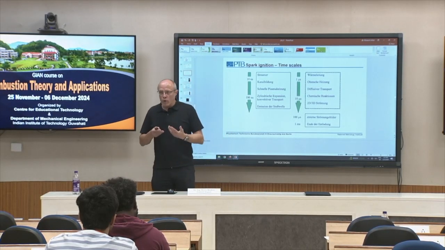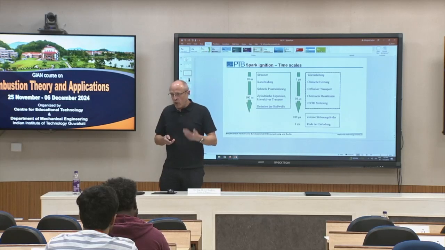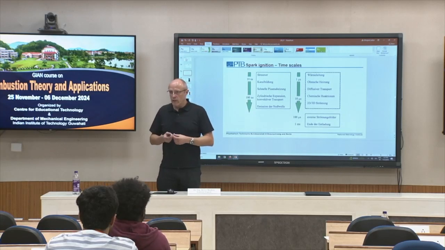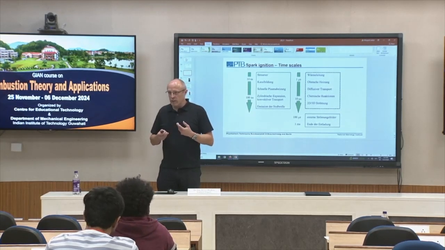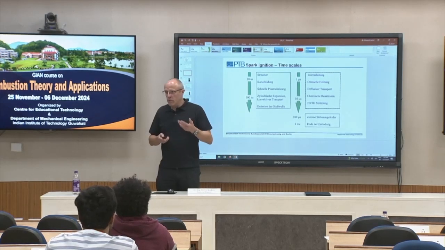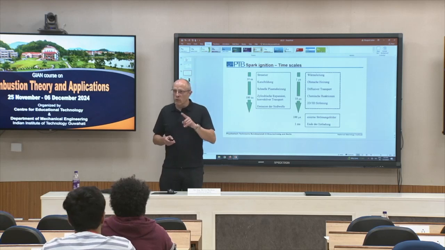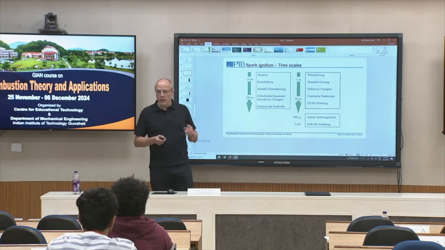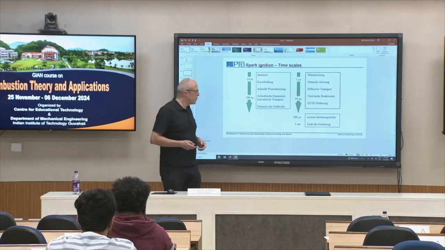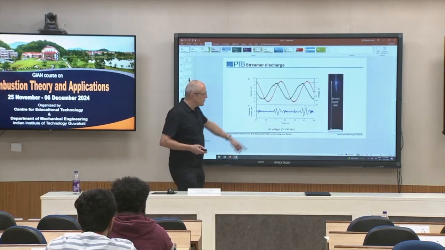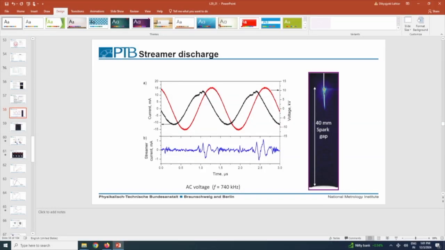It depends, of course, on what you want to know, but for normal ignition of an unburned quiescent mixture, the temperature rise is the important factor for a classical spark. But we don't have a classical spark here. We have these streamer discharges, so there is no breakthrough. We don't have a hot plasma channel here.